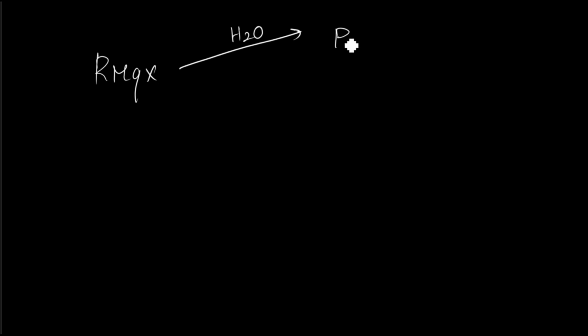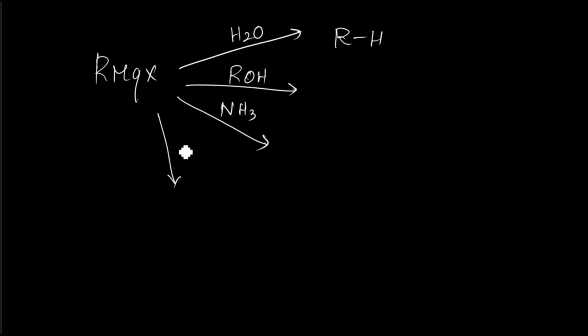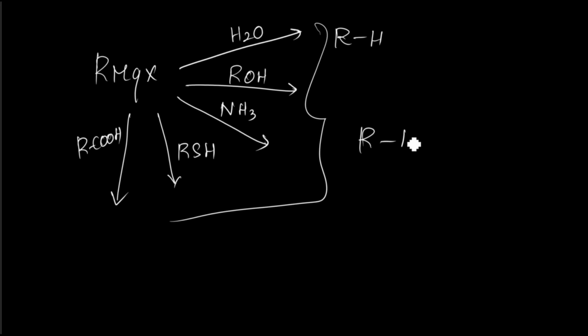RMgX with H2O will give you RH, ROH also, NH3 will also give our hydrocarbons, RSH, or you can take RCOOH. All of these will give our RH. The byproduct with the Grignard reagent with Mg will be a different one, but all of these will give you the hydrocarbons.